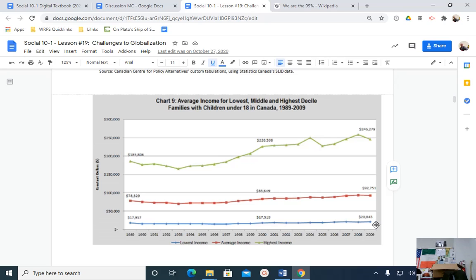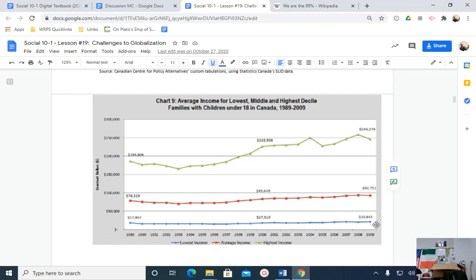So who does, in this case, Canada work for? Canada from 89 to 2009 was working more for the richest Canadians than it was for the poorest Canadians. And this is not inflation adjusted. So if you adjust it for inflation, then people are probably actually, in terms of real numbers, making less because prices have gone up.